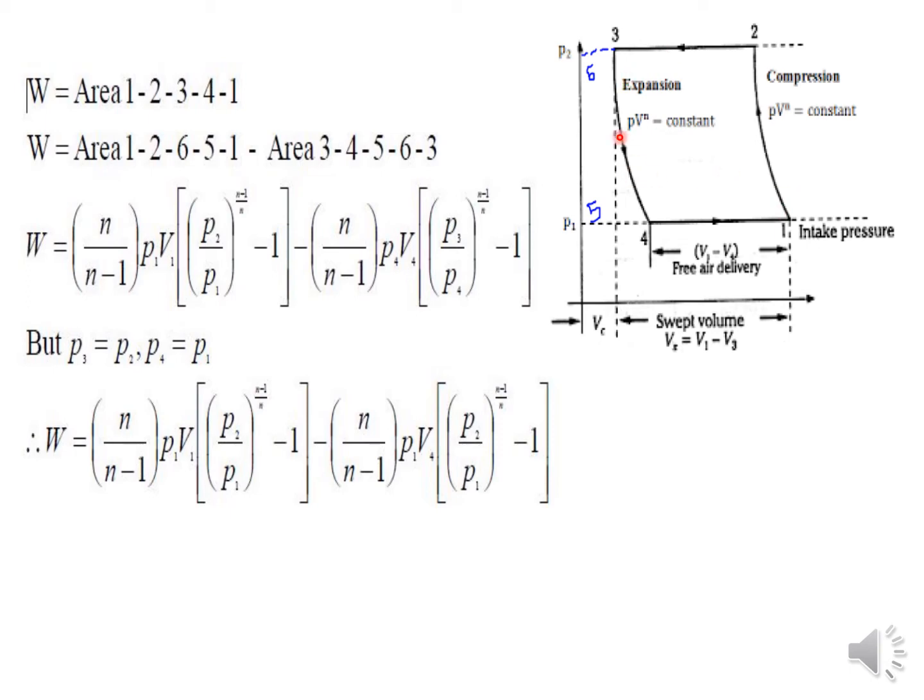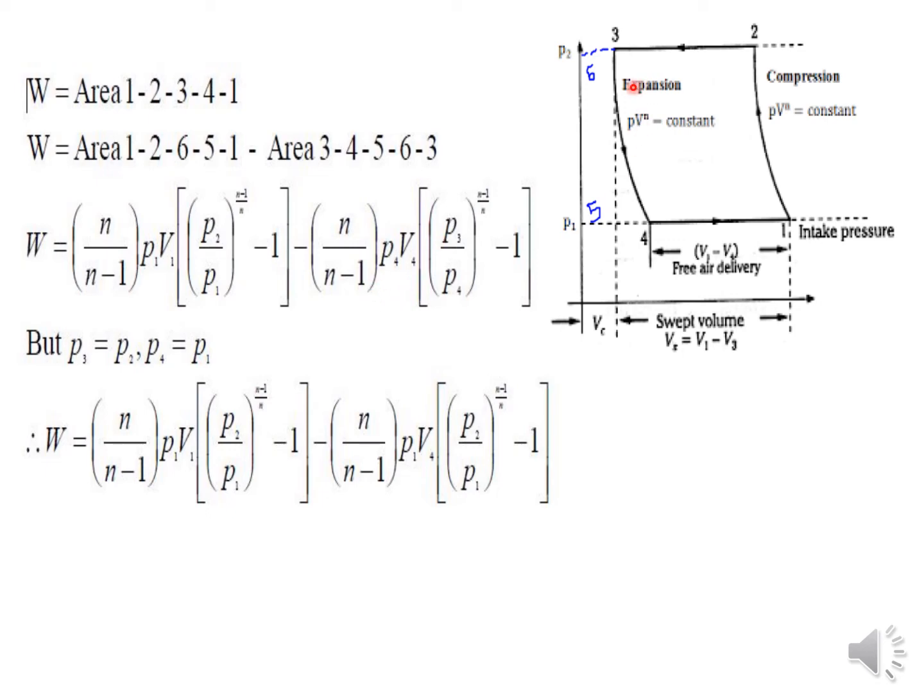And if I subtract this area, 34563, I will get the equation. We already derived in the first video, n divided by n minus 1 p1 v1 in the bracket p2 by p1 raised to n minus 1 divided by n minus 1, is the equation for the whole area. This plus this minus this, I will do this.